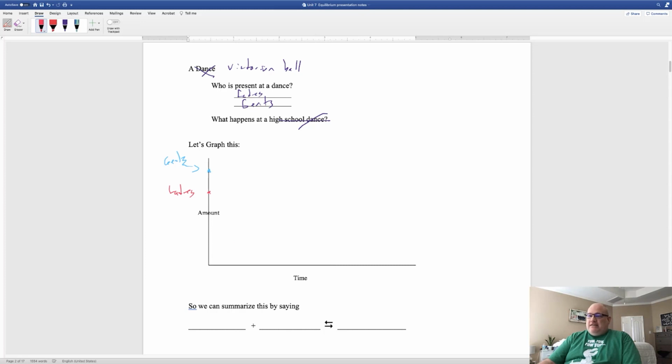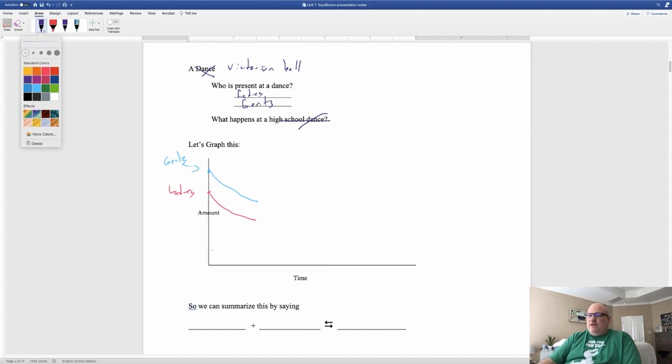Now, as they step onto the floor, what's going to happen is you're going to lose some of the individual ladies, and you're going to lose some of the individual gents. And then simultaneously, you're going to start forming couples in the middle.